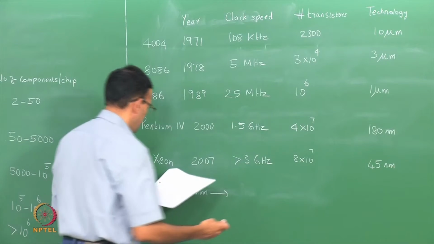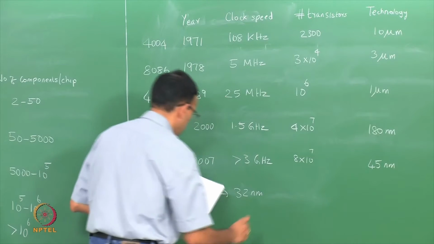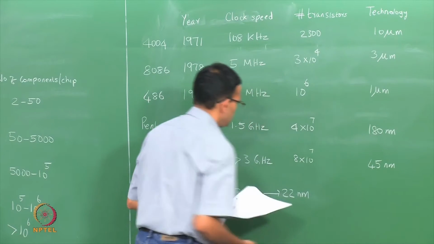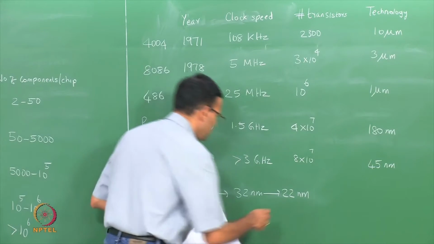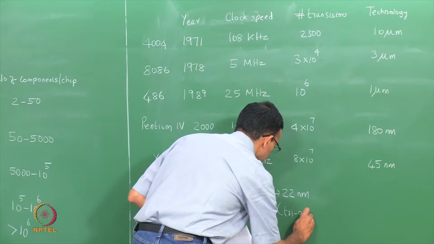from there your feature size has shrunk to 32 nanometers, and then 22 nanometers. In this case, you no longer have planar transistors, but something called FinFETs or tri-gate transistors.